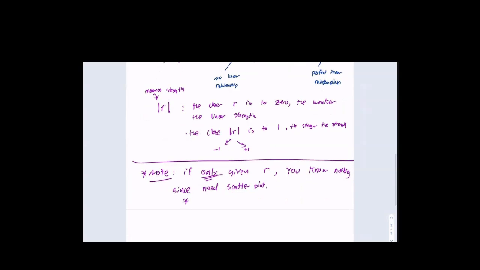More importantly, that there is a linear relationship and that there are no outliers. We'll talk a little bit about how outliers can be problematic.